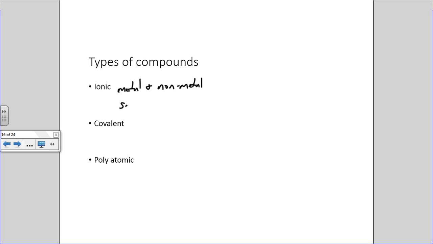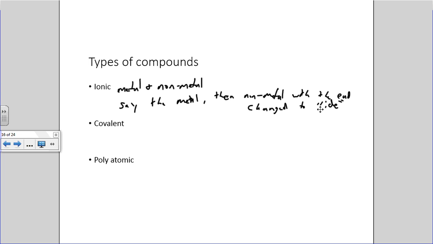You just say the metal, then the non-metal with the end changed to "-ide".